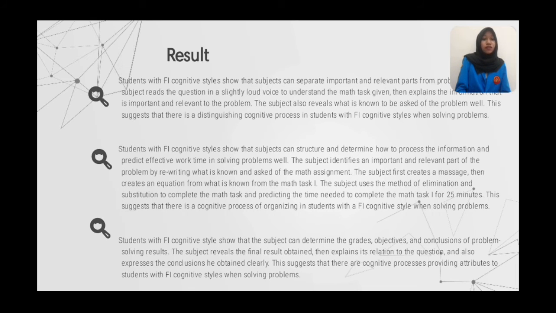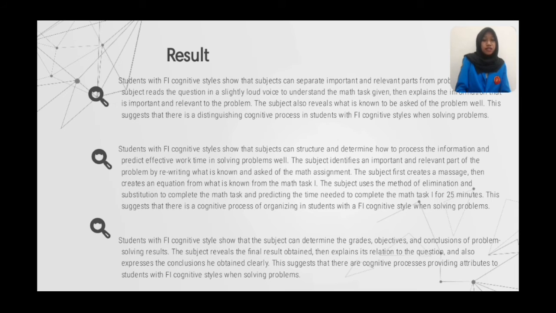Students with field-independent cognitive style also show that the subject can structure and determine how to process the information and predict effective work time in solving problems well. The subject identified an important and relevant part of the problem by rewriting what is known and asked of the math assignment.